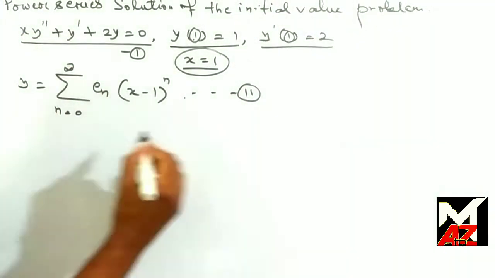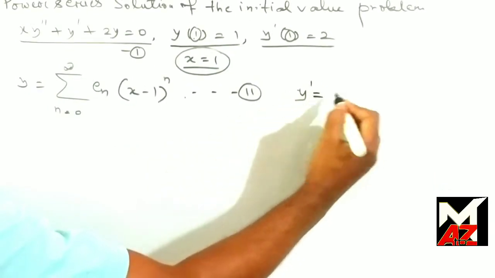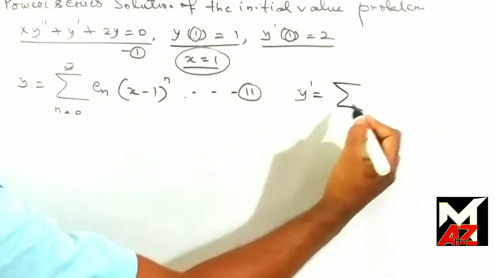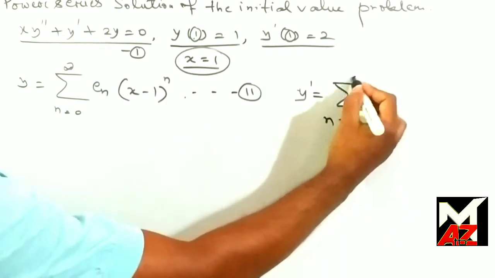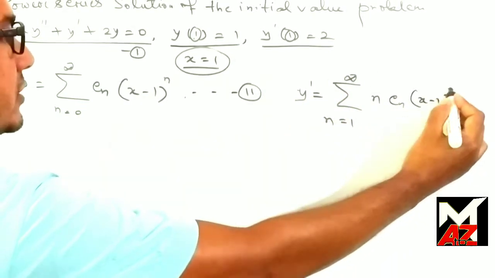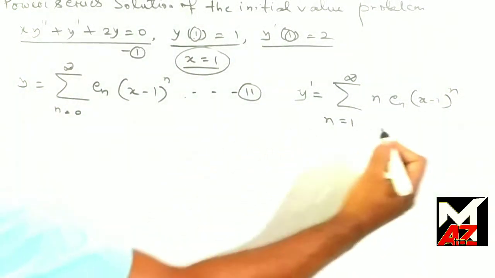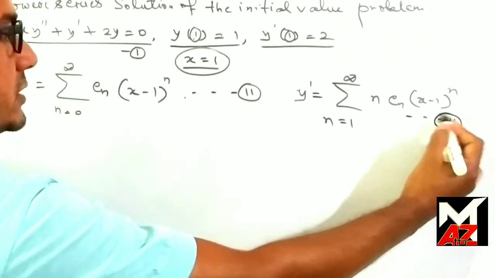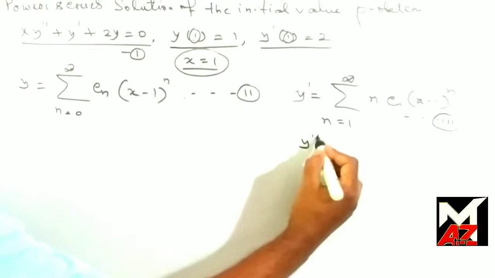This is y dash equal to summation n equal to 1 to infinity n Cn x minus 1 to the power n minus 1, and this is 3. And y double dash is equal to the summation from n equal to 2.